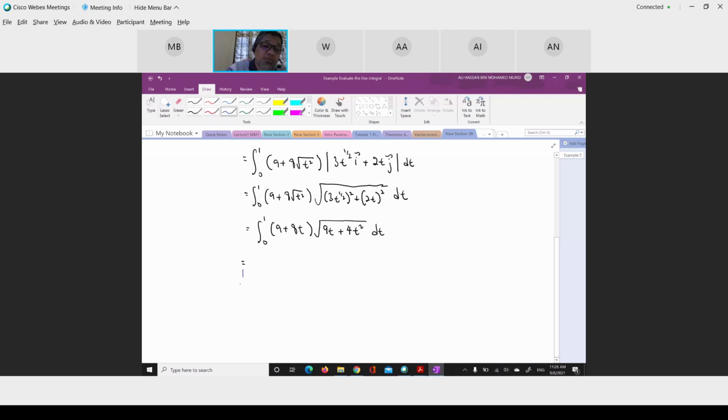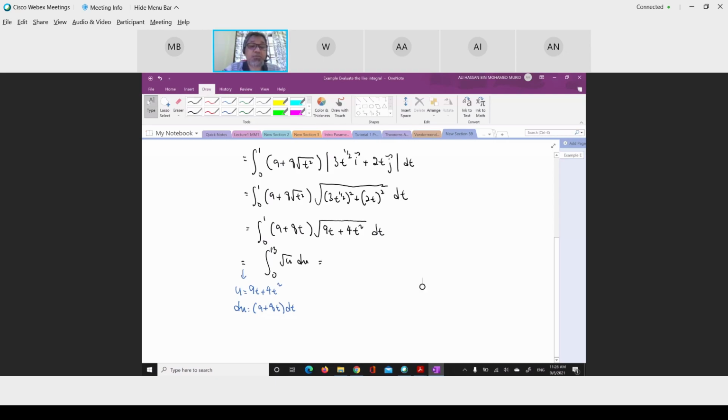Say u equal to 9t plus 4t squared, and observe that du is 9 plus 8t dt, isn't it? And we do have 9 plus 8t there in the integrand. So this becomes the integral of square root u du, and the limits also transform. When t is 0, u is 0. When t equal to 1, we have 9 plus 4, which is 13.